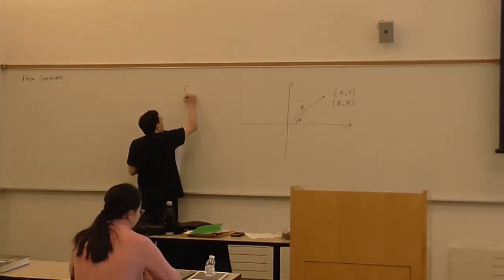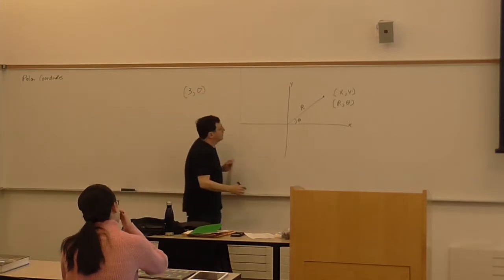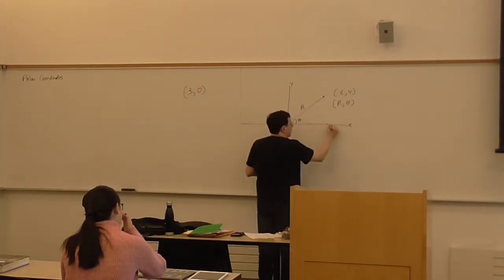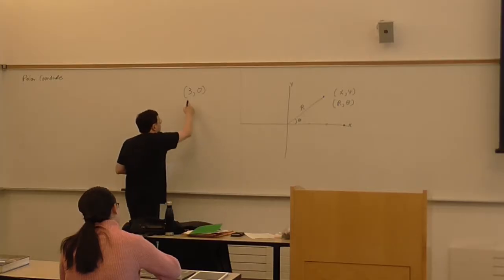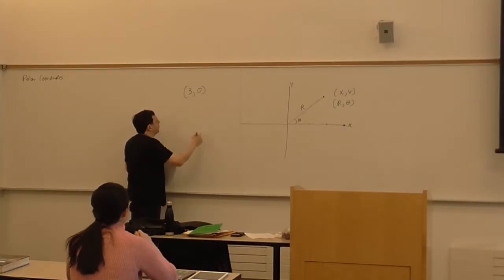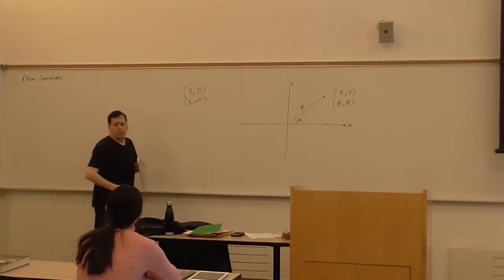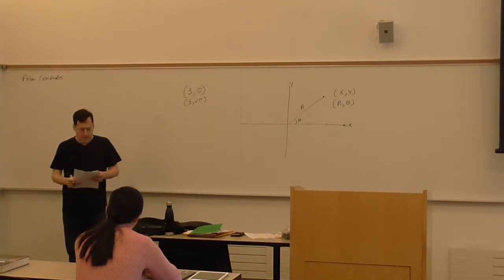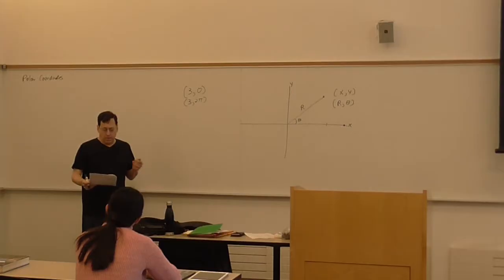That is to say, if I have a point 3, 0, that would be, say, out here, I can describe that as 3, 0, 3 the distance, 0 the angle. But I also could describe it as 3, 2 pi, or 4 pi, or 6 pi. So something to keep in mind is that these coordinates are not unique.